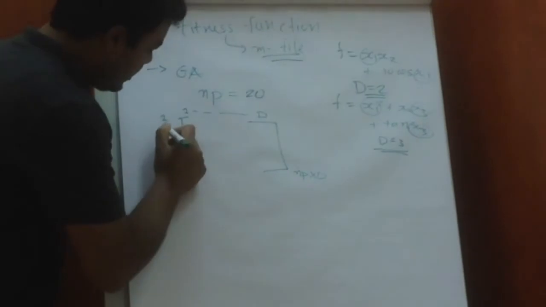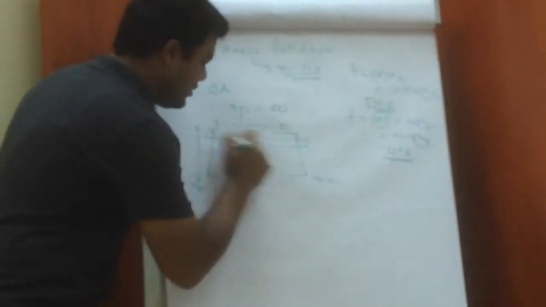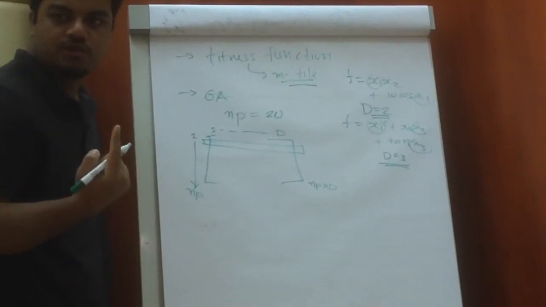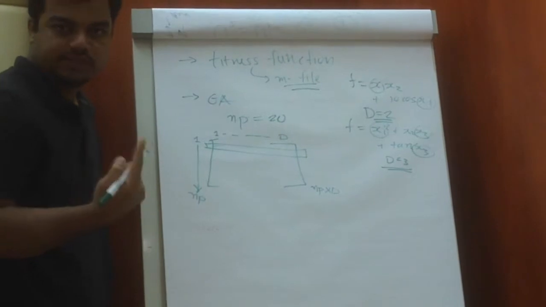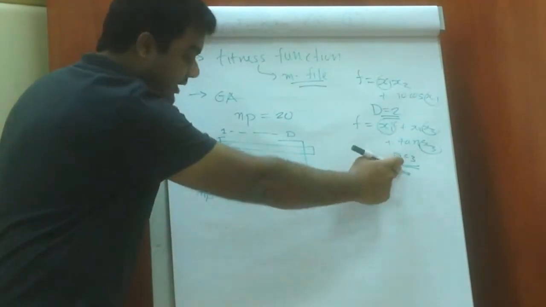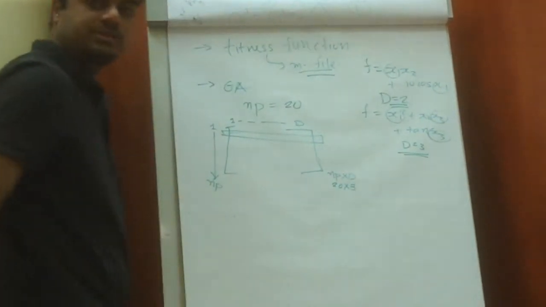What does it mean? One row in this matrix is equivalent to one chromosome or one parent. One pathway. Yes. So let's say we take this case, D is equal to 3. In this case, our matrix will be 20 cross 3.